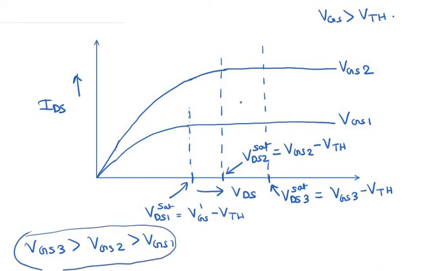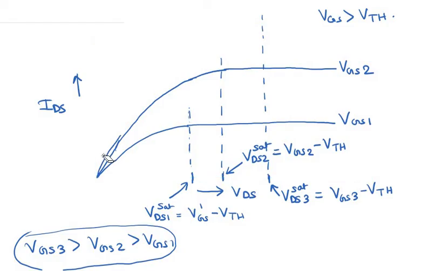Okay, so now my saturation or constant value of current would be reached at a higher voltage, and because I have increased the value of VGS, this means that the average number of induced electrons in the channel is now higher, because VGS has become higher. So my saturation current, or the value of the constant current, is going to increase.